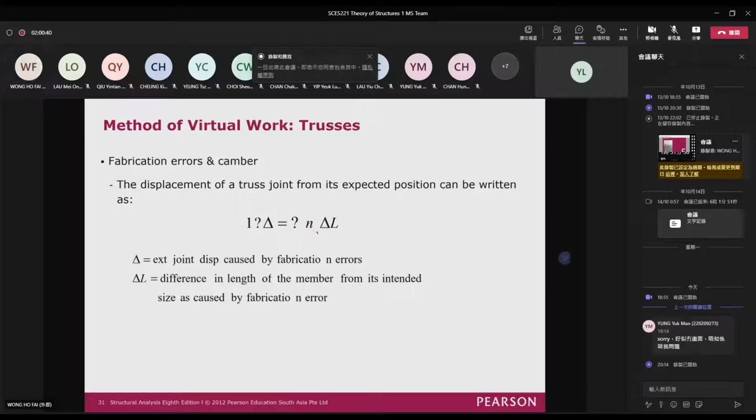This is the change in length due to the fabrication error, times the virtual member force, and then the summation. Again, you can find the answer due to the fabrication error.